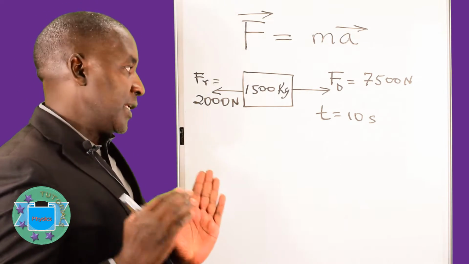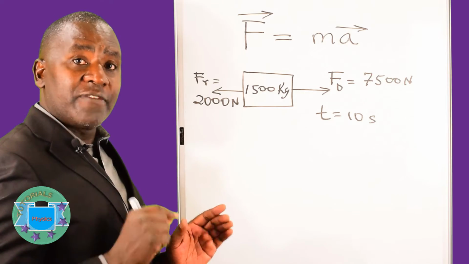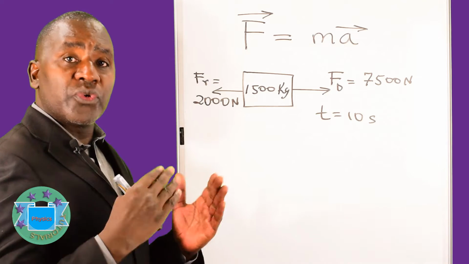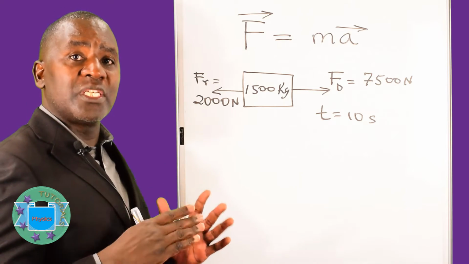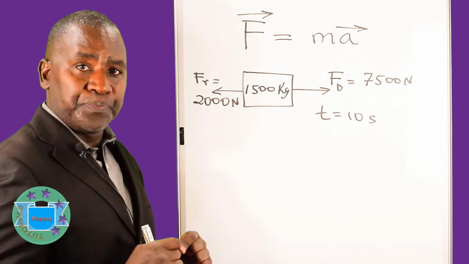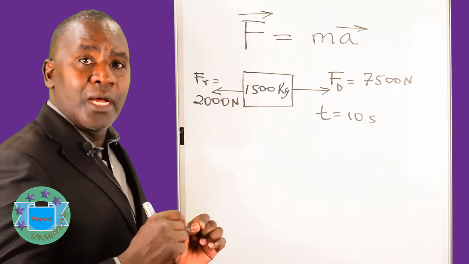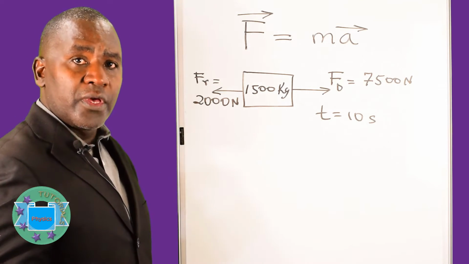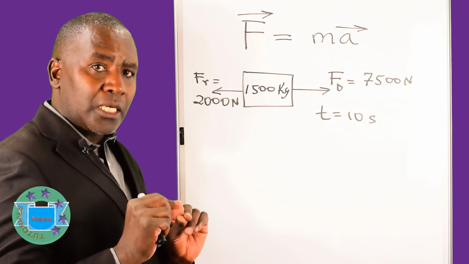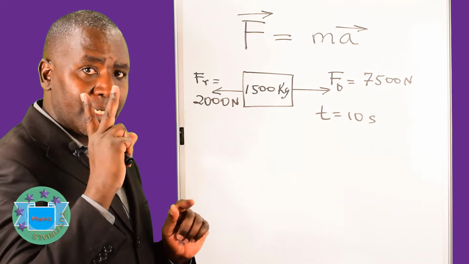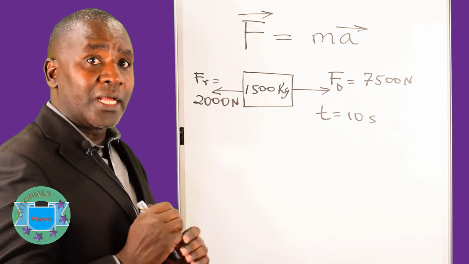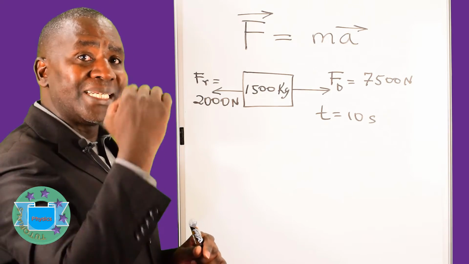And in most cases, remember, the forces acting on an object are more than two. Even in situations where the object appears to be stationary, the forces acting are more than two. For example, right now, I'm standing on this floor and it appears as if no force is acting on me, but there are basically two forces which are acting on me. Number one, the earth is pulling me downwards.